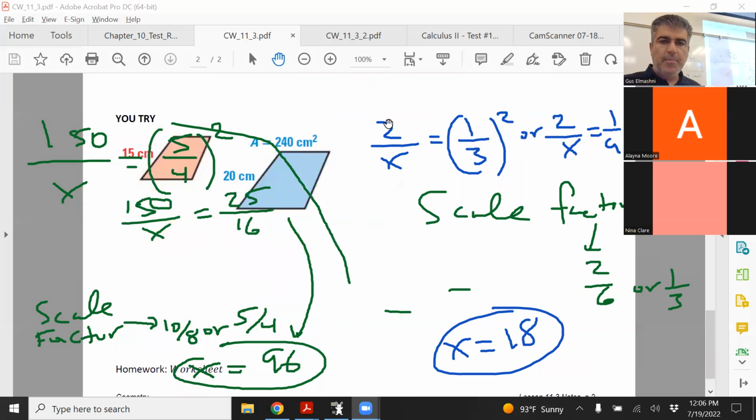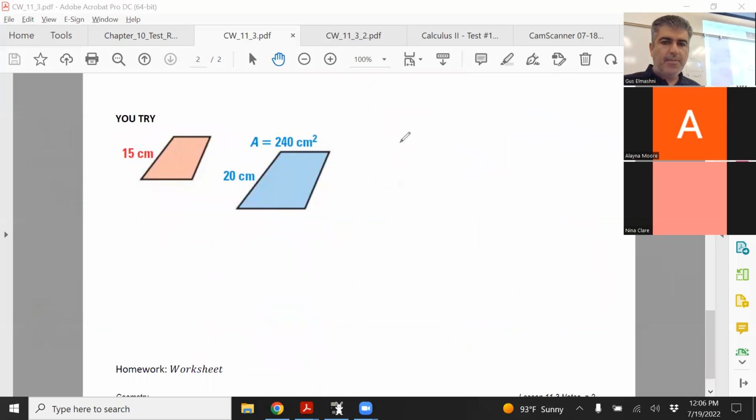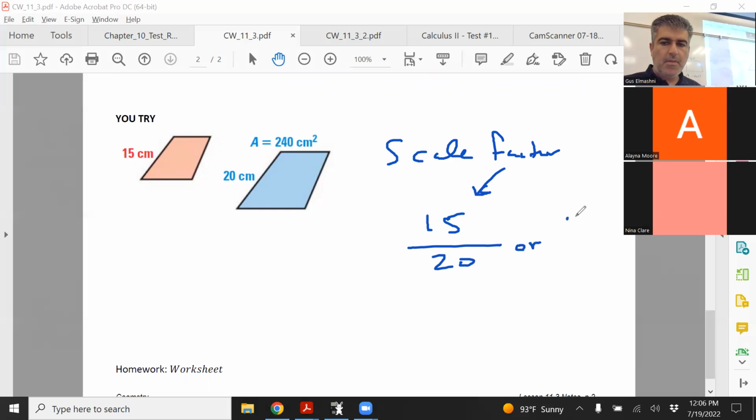So why don't you guys try this one? So again, scale factor is going to be 15 to 20, or 3 to 4.